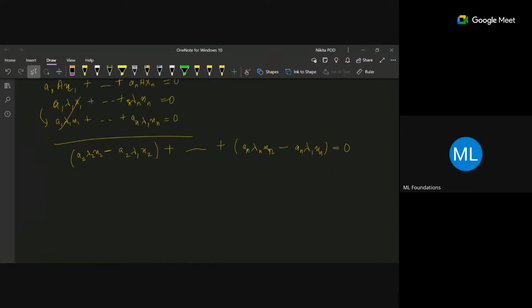I can take x2 out here, and a2 will come out. So you have a2 (lambda 2 minus lambda 1) x2 plus up to an (lambda n minus lambda 1) xn equals 0.